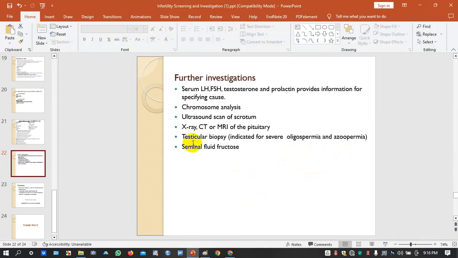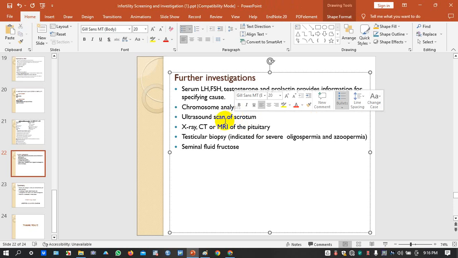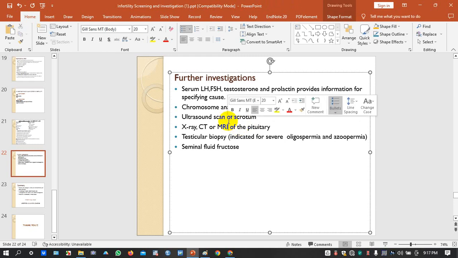We also do an ultrasound scan of the scrotum to find out whether your testes are of normal size, and whether the contents of your spermatic cord are within range: the testicular artery, pampiniform plexus, genitofemoral nerve, epididymis, vas deferens, all in the spermatic cord.